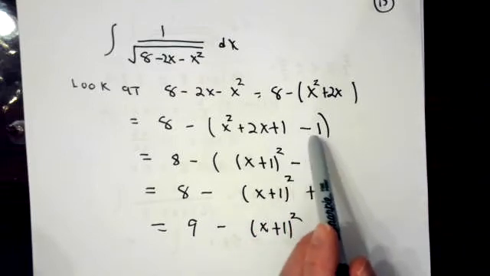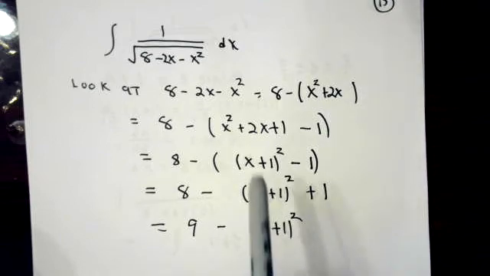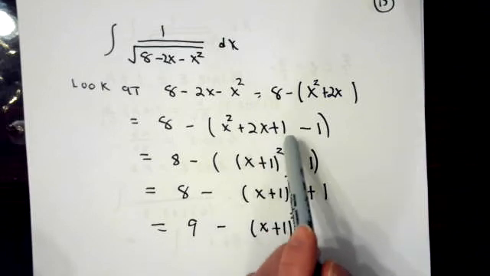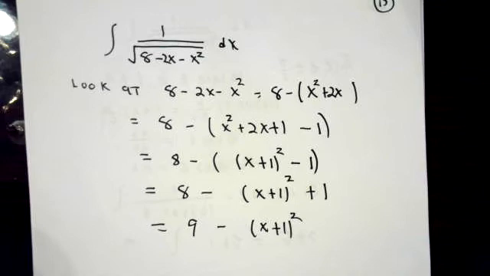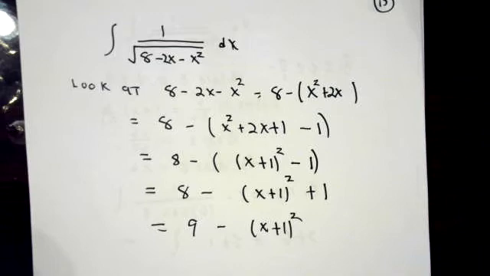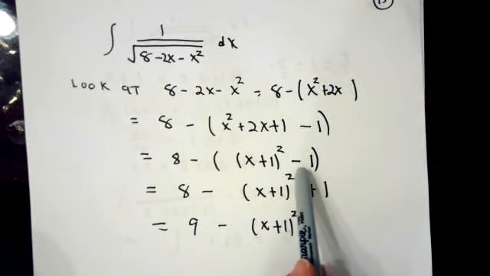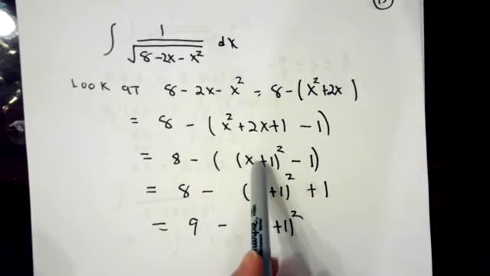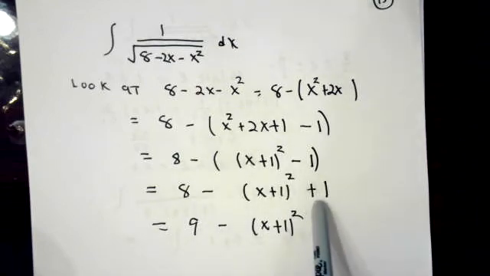Of course, I've got to correct for that by subtracting 1 away, or I'm not talking about the same quantity anymore. The reason I want to do that is that x squared plus 2x plus 1 is a perfect square. So the quantity underneath the radical sign is 8 minus, in parentheses, the square of x plus 1 minus 1. So it's 8 minus the quantity x plus 1 squared, minus minus is plus 1.